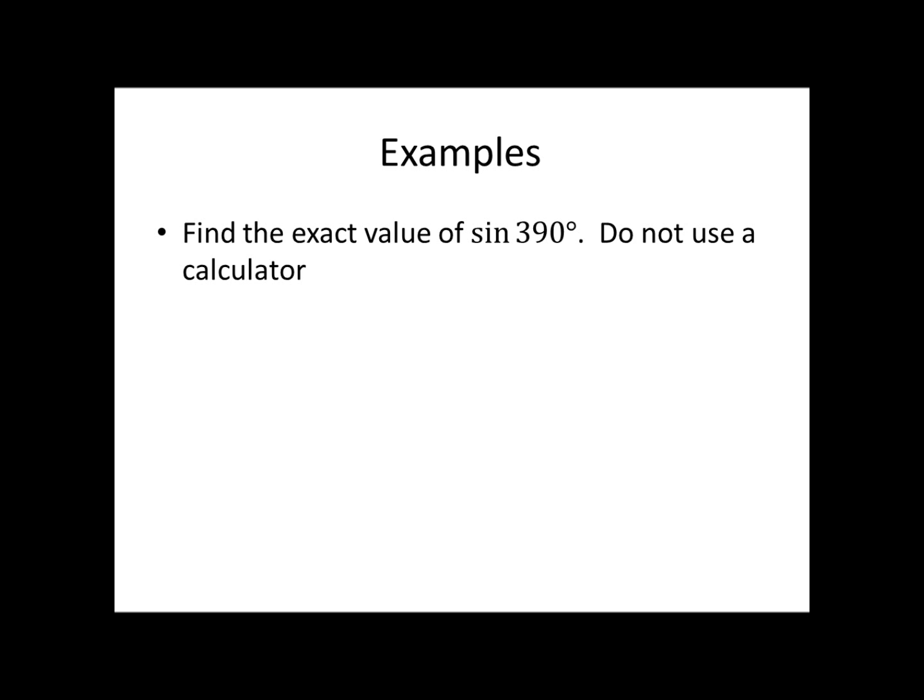Well, what we're going to do is just realize that 390 degrees is once around the circle, 360 degrees, plus another 30 degrees. So we just found out that there's this periodic behavior with trig functions, and all I need to do is find the sine of 30 degrees, which is 1/2.